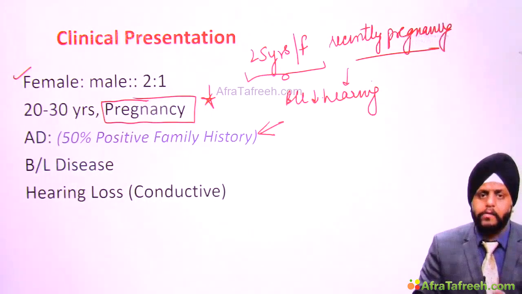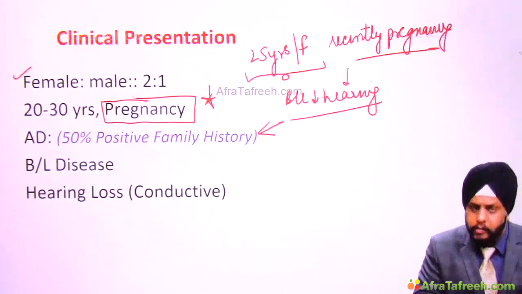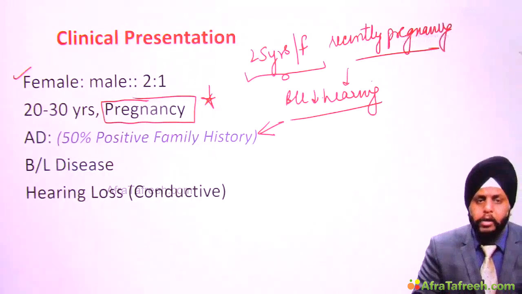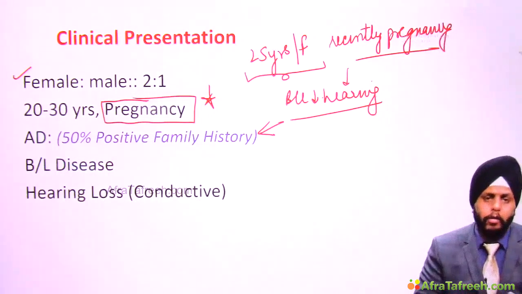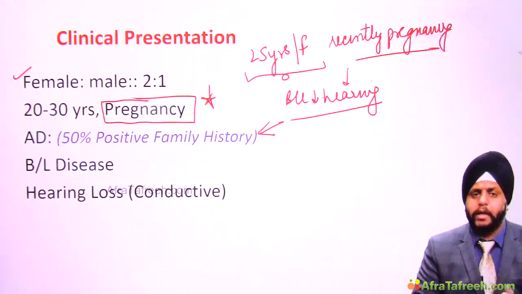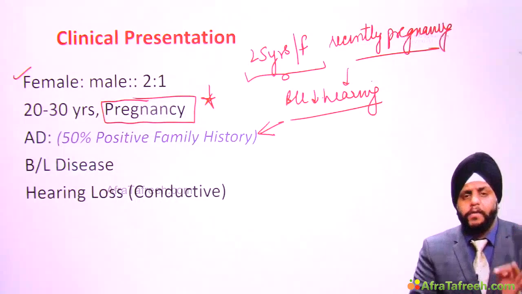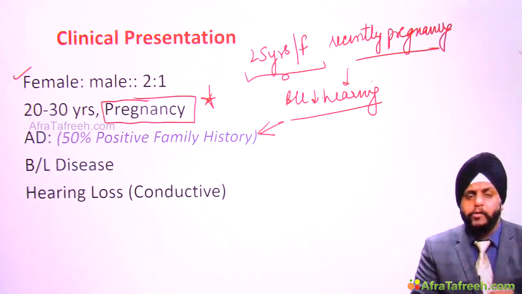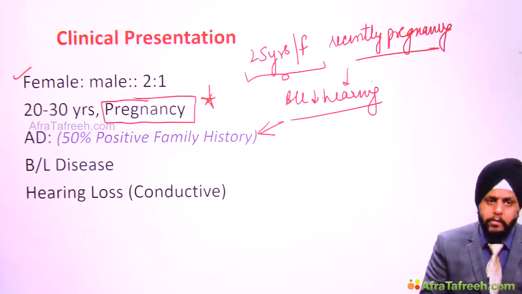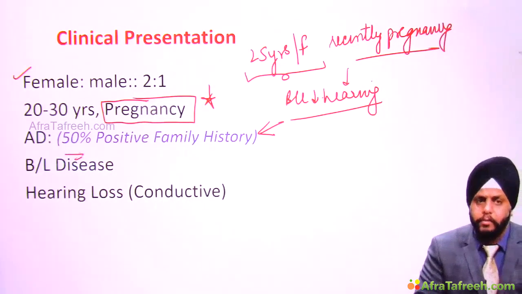These are the kind of questions you get in your exam. Bilateral decrease in hearing, recent pregnancy, 25-year-old female. All these things are hinting towards otosclerosis. What else can the examiner give you? She gives a similar history in her elder sister or her mother. That means positive family history is also there.